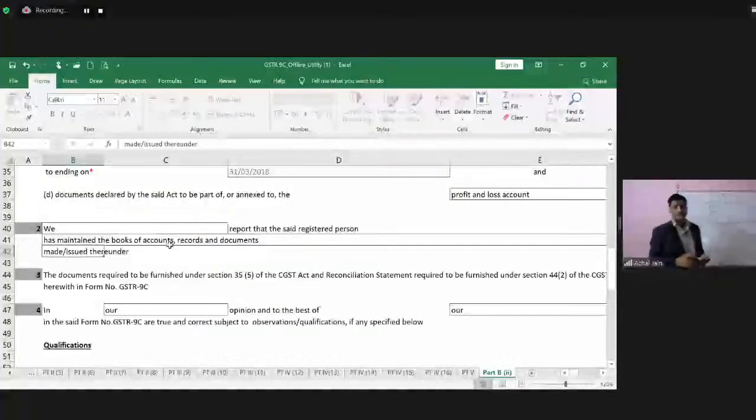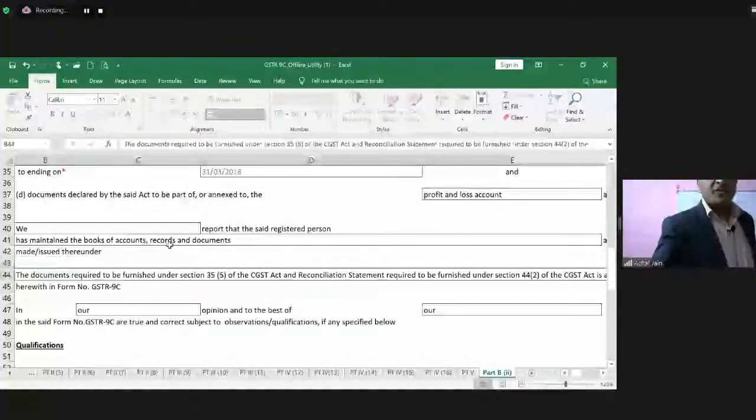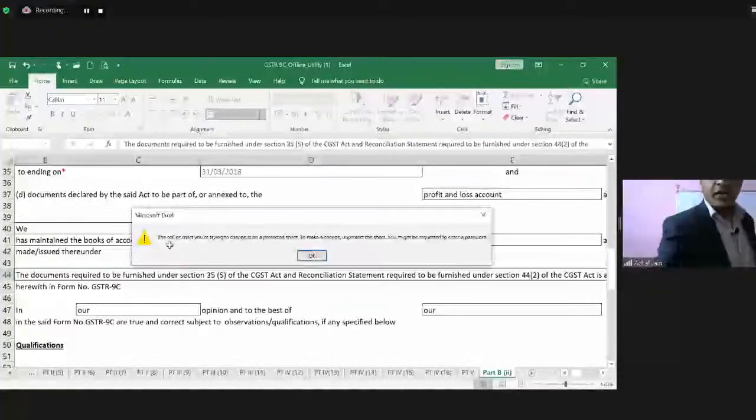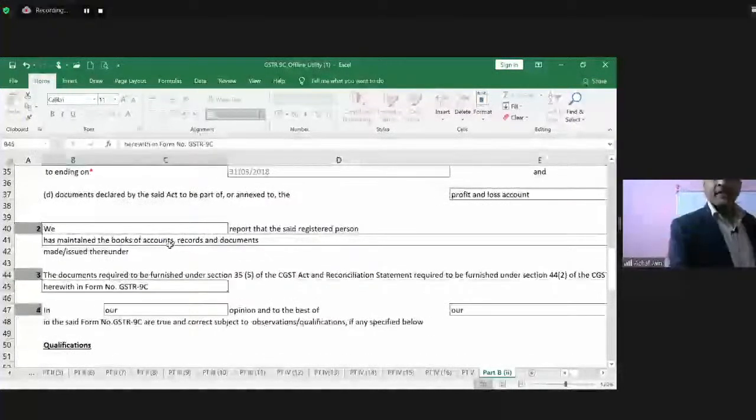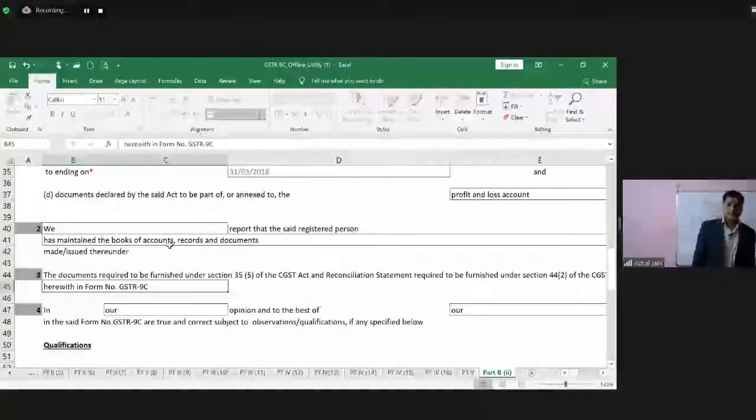Third, the documents required to be furnished under section 35(5). What is this section 35(5)? Which requires GST audit. Required to be furnished under this, herewith are furnished in form number GSTR 9C.